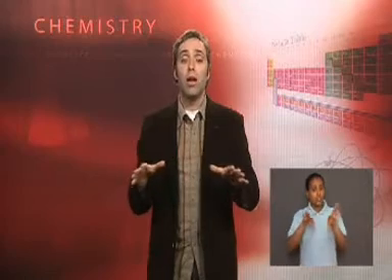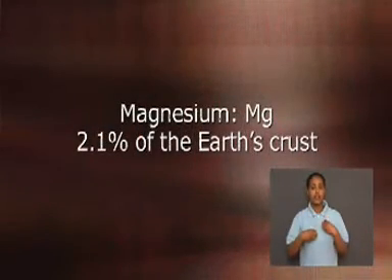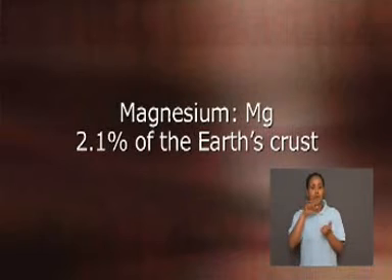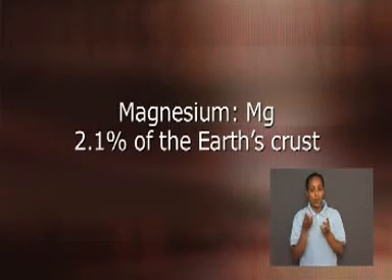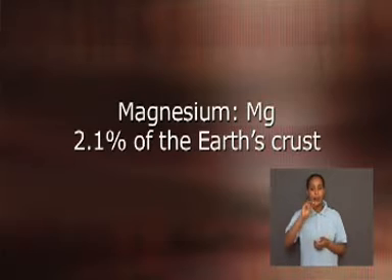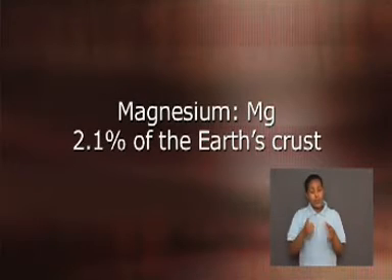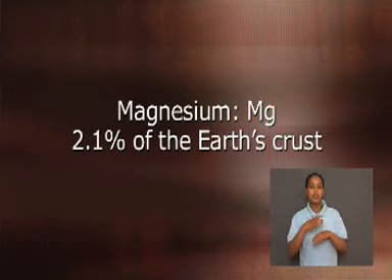The element magnesium is also essential to all living organisms. It makes up just over 2% of the Earth's crust by weight. Magnesium compounds are typically white crystals.